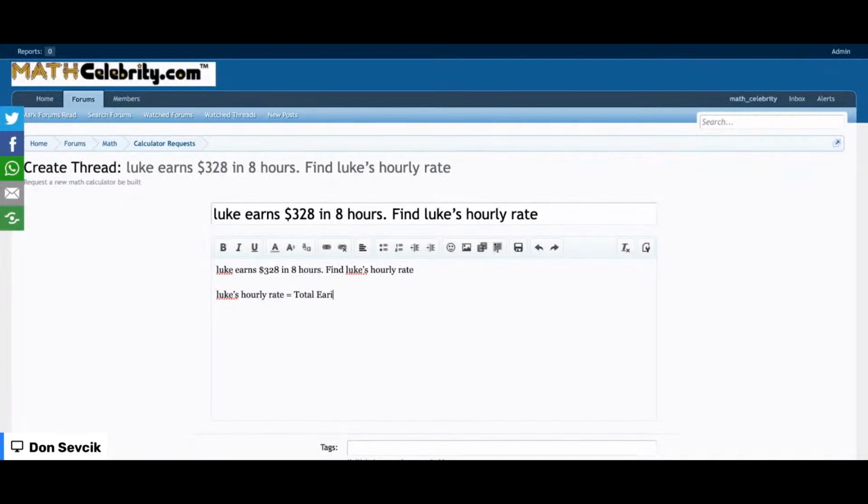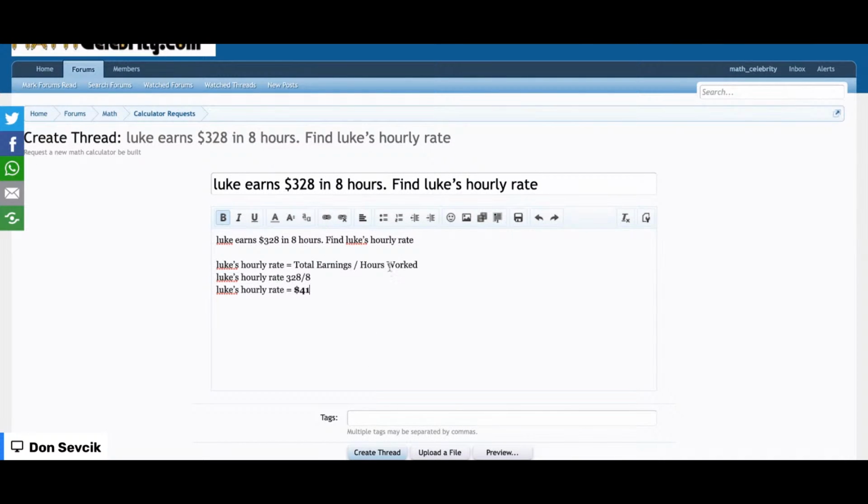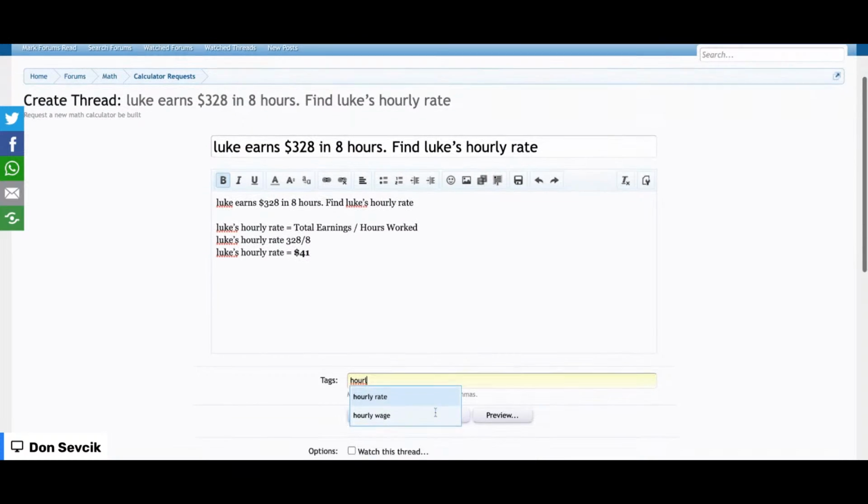Hourly rate equals total earnings divided by hours worked, equals 328 divided by 8, which is $41. So Luke earns 41 bucks per hour. Total earnings divided by hours worked, and you flush out the hourly rate.